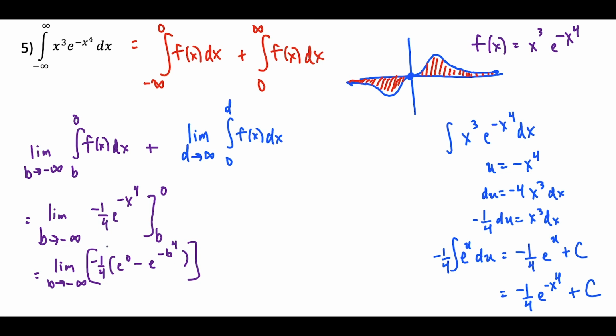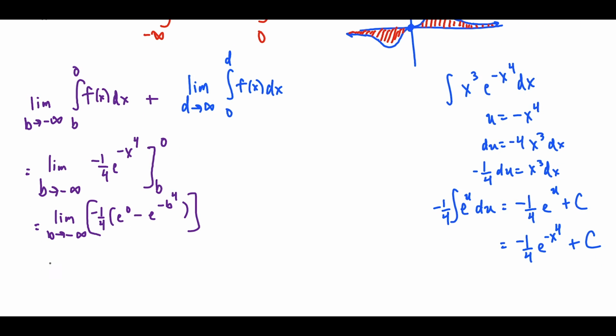When this simplifies, this is the limit as b goes to negative infinity of negative 1/4 times 1 minus 1 over e to the b to the fourth power.